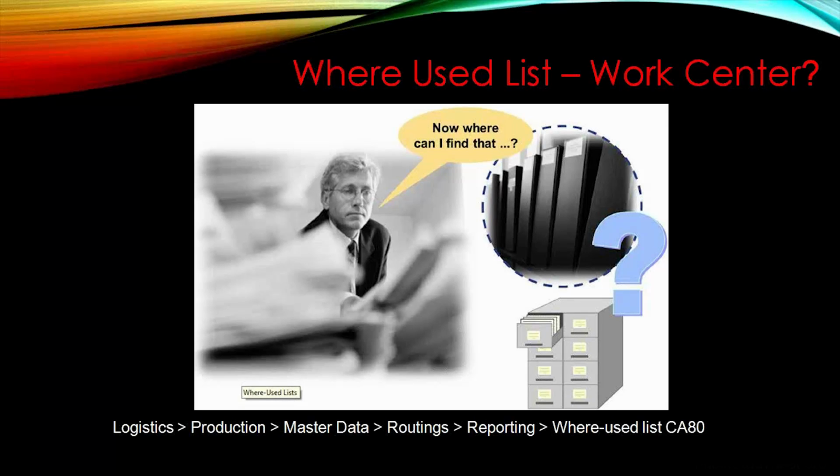Tomorrow or today we're planning to purchase another automatic machine. That means this old work center we're going to make obsolete and the new work center we're going to use. But before we create the new work center and start using it, I want to see where the old work center is used so that we can replace it with the new work center later on.